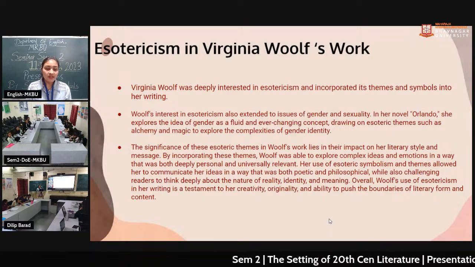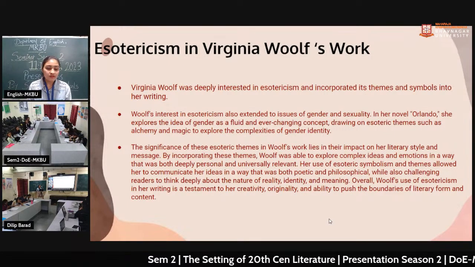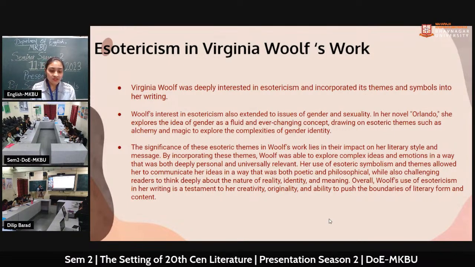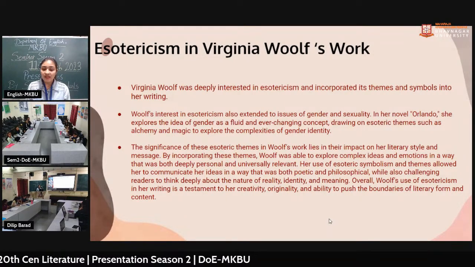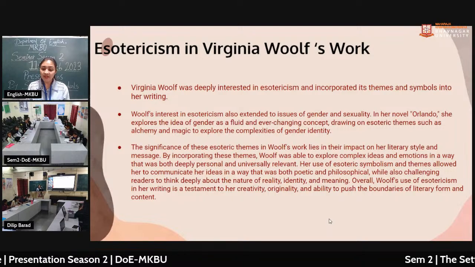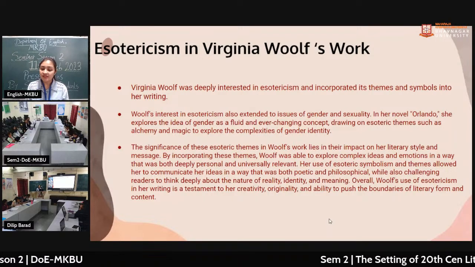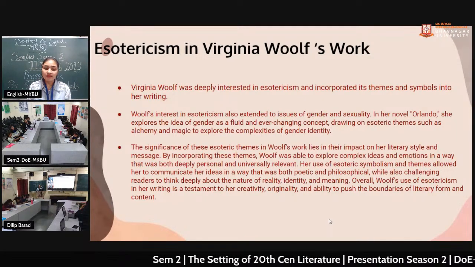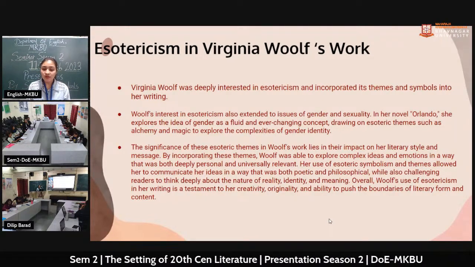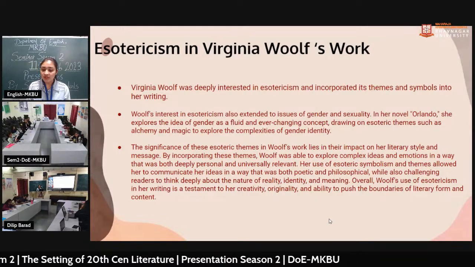Esotericism in Virginia Woolf's works. Virginia Woolf was deeply interested in esotericism and incorporated its themes and symbols into her writing. Woolf's interest in esotericism also extended to issues of gender and sexuality.